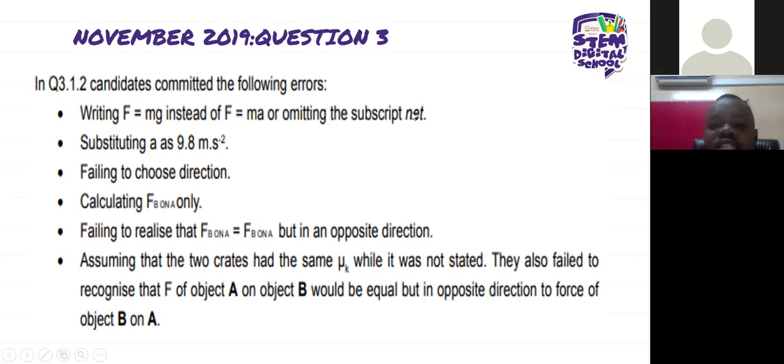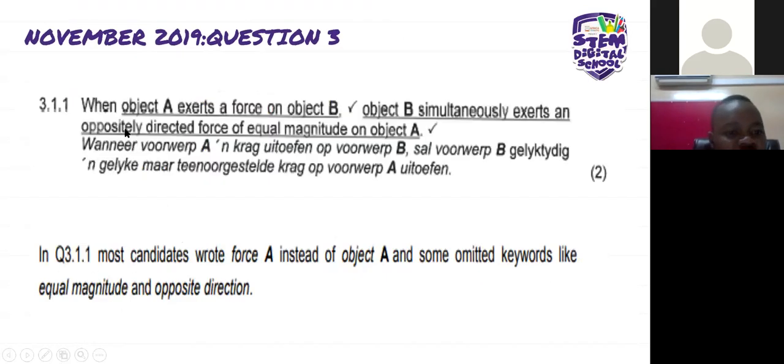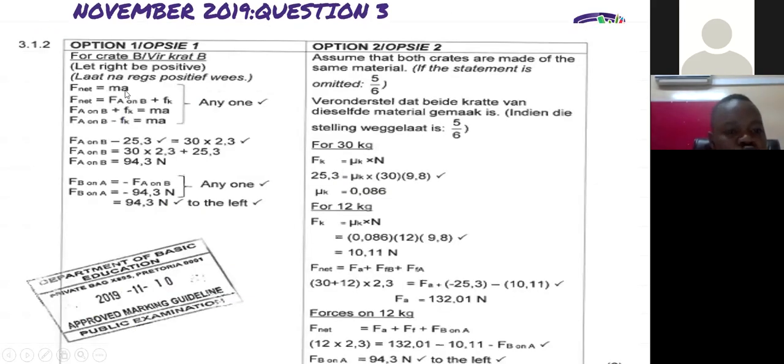In other words, learners omit the subscript net. So even there, the subscript net was omitted. And therefore, the correct formula must be F net is equal to ma.